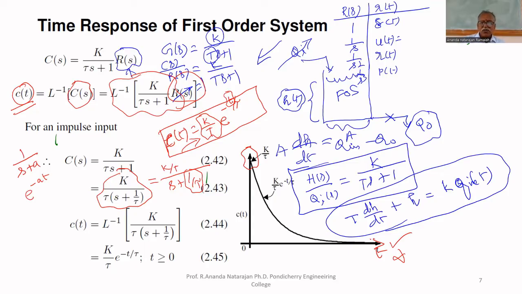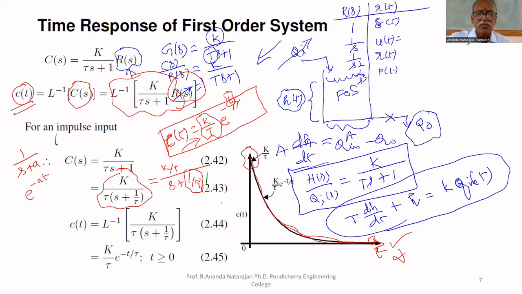Therefore, the final value is 0. It starts from k by tau and finally ends at 0, decreasing exponentially. This is the time response of a first order system for impulse input.